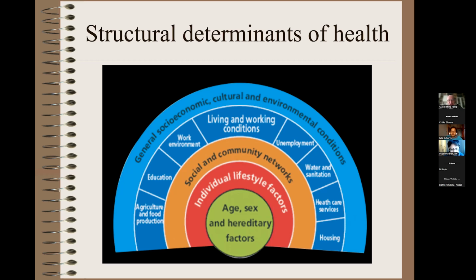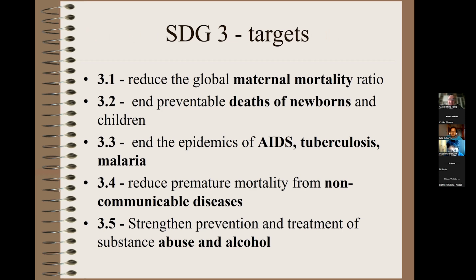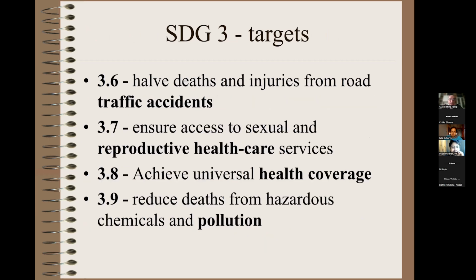The United Nations decided to subdivide SDG 3, the one on well-being, into 9 targets and 4 actions. The targets are: maternal mortality, newborns, AIDS and communicable diseases, substance abuse and alcohol, traffic accidents, reproductive health care, health coverage, and pollution.